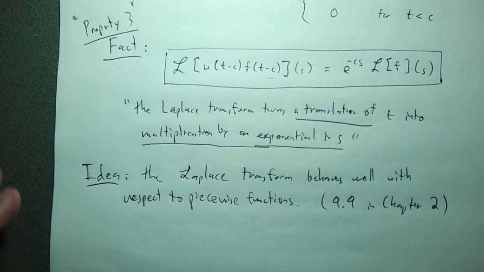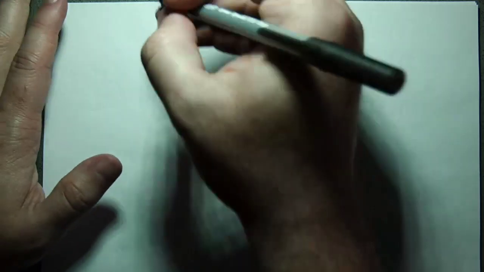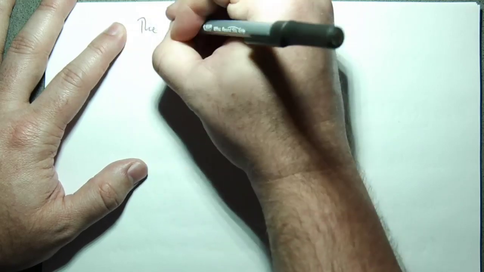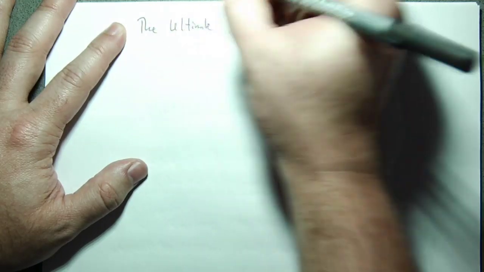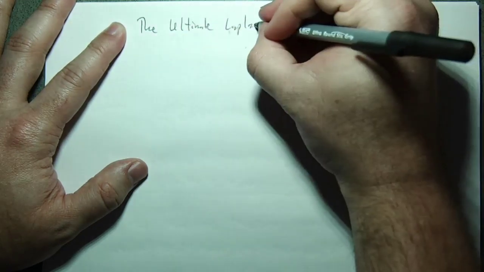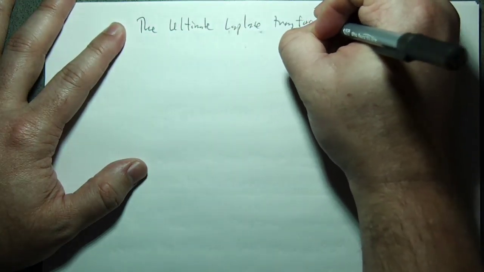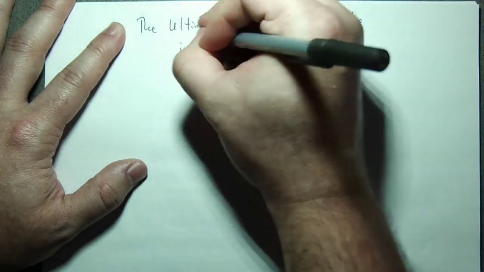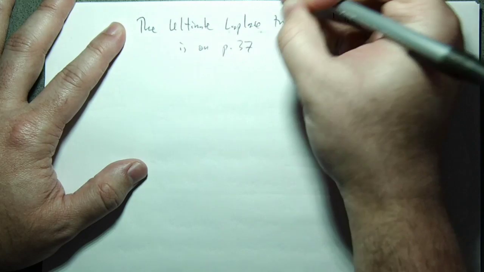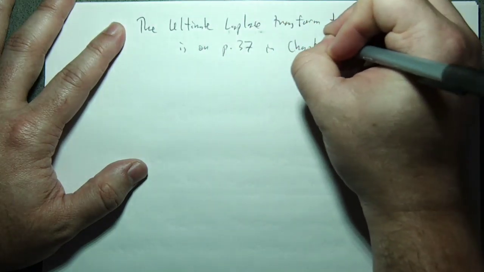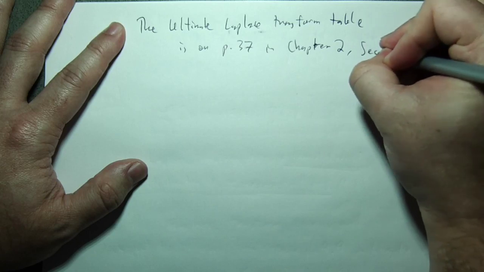So, what are we leading to? As I mentioned before, in our evaluation of key identities of Laplace transforms, we are not going to actually compute. We're going to read from a table. Okay, so the ultimate Laplace transform table is on page, I believe it's 37 in chapter 2, section 9.